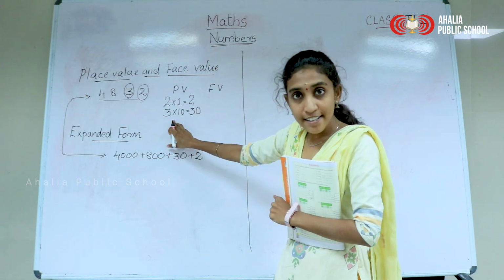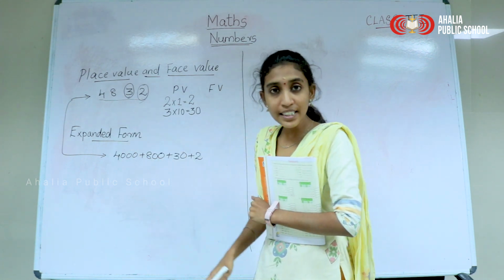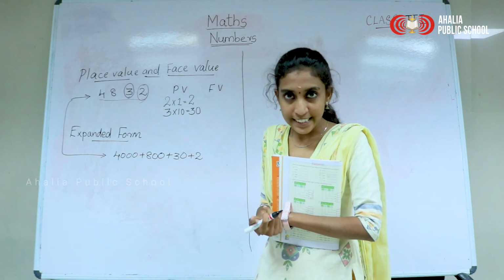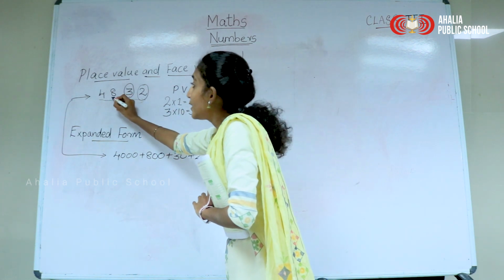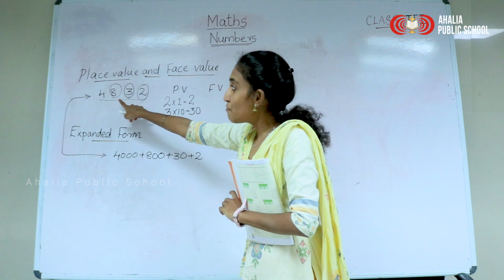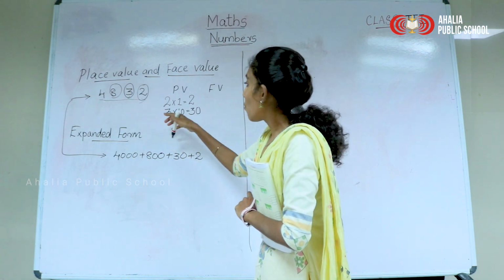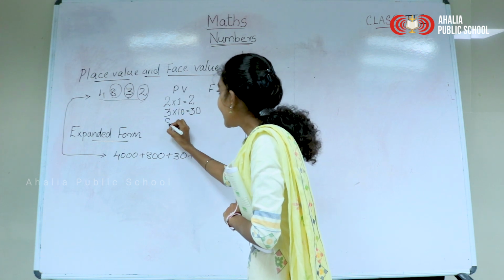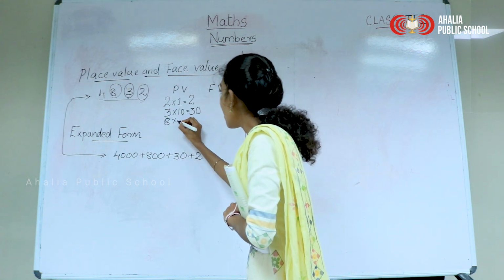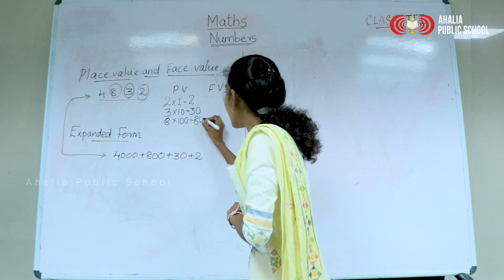3 is in 10's place. So what will be the place value of 3? It is 30. Yes. And now tell me what is the place value of 8 here? 8 is in which place? 100's place, right? So what will be the place value? 8 into 100 is what? 800.